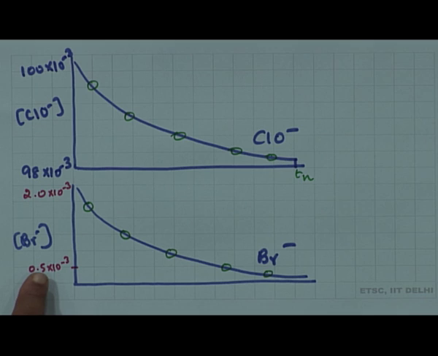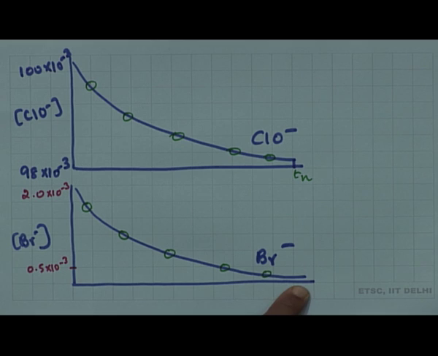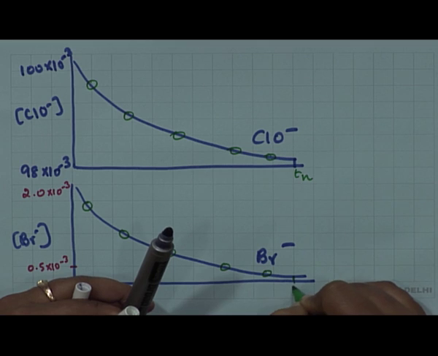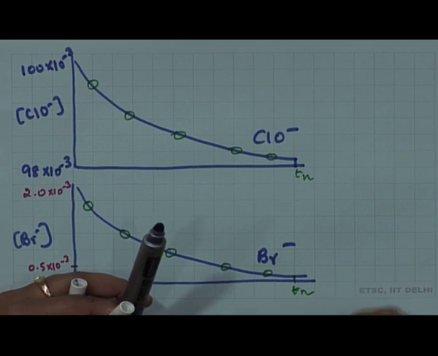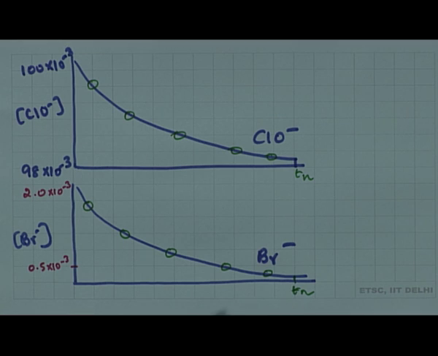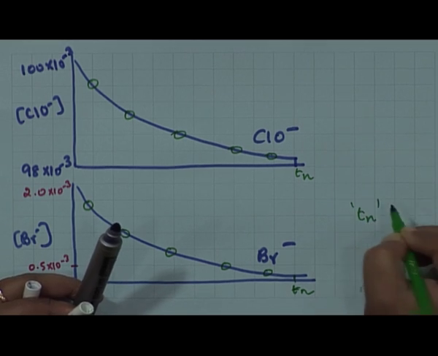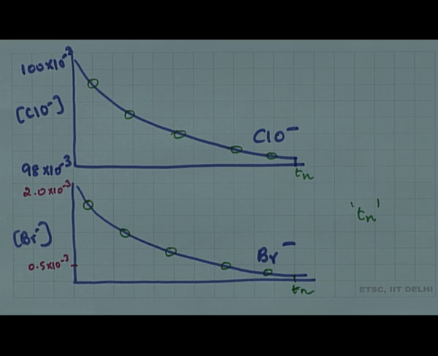Now you look at bromide. From 2 it has come to a very low value, right. Say we are observing it for the same time point Tn. So when we are talking about the consumption of the reactants, we stick to this time point Tn, and at this Tn we are looking at how much bromide has been consumed and how much hypochlorite has been consumed, right.